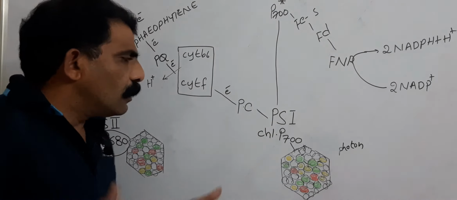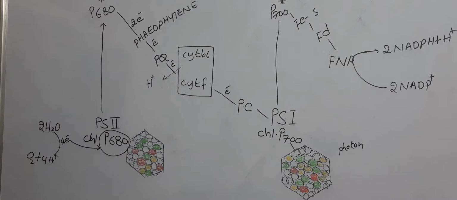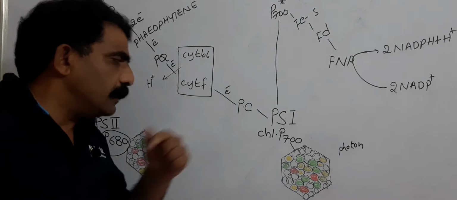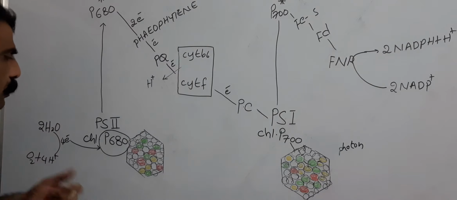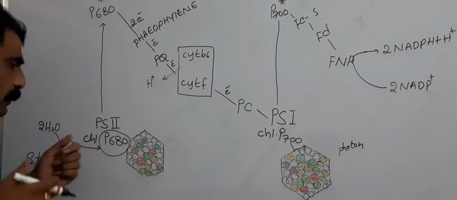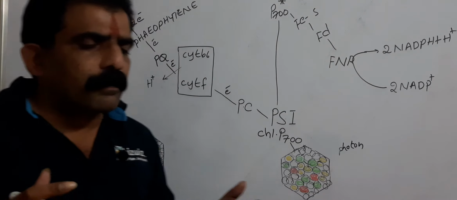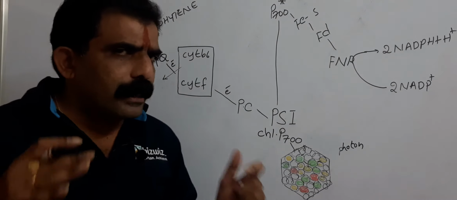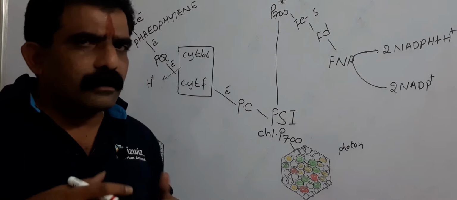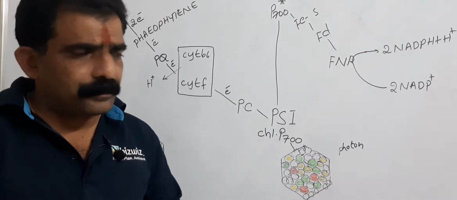So here there are two types of photosystems or pigment systems, known as PS1 and PS2. PS1's reaction center is P700, that of PS2 is P680. Both 700 and 680 represent the absorption maxima of those LHCs, light harvesting complexes.